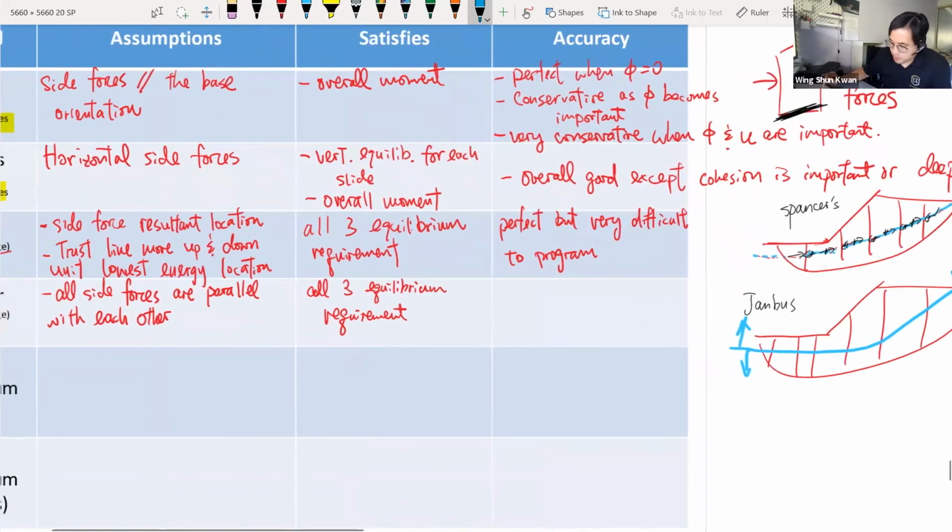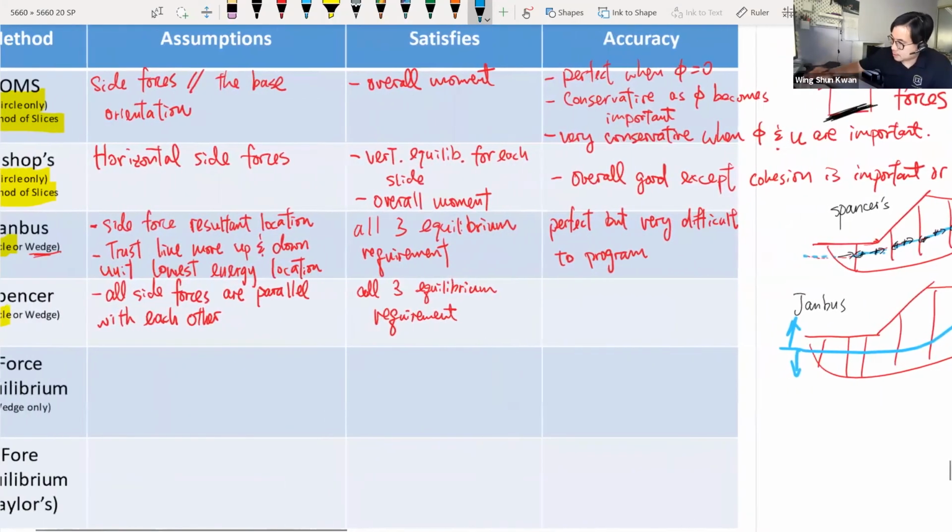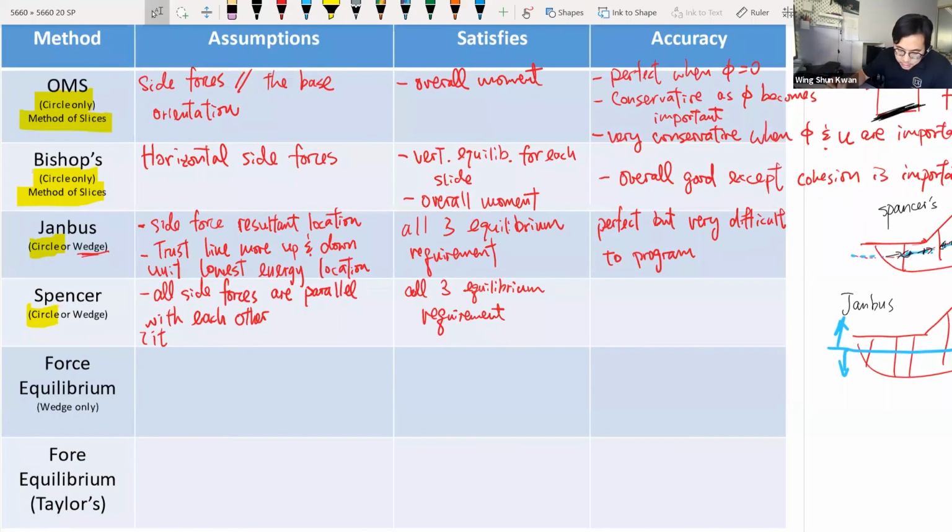So in this method, you assume all the side forces are parallel with each other, but this is not physically correct. It's simpler than the Janbu method, but it's not absolutely correct.